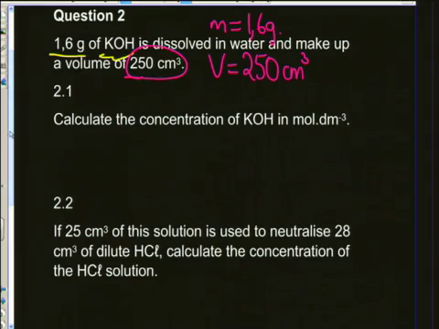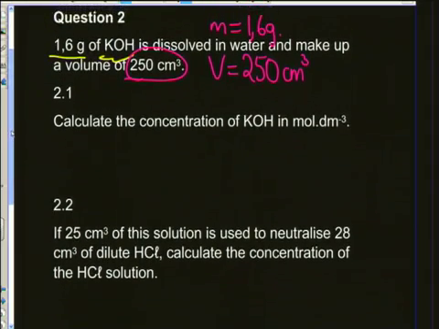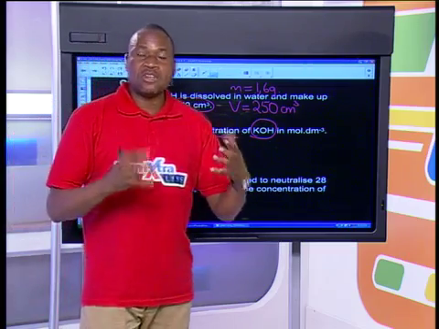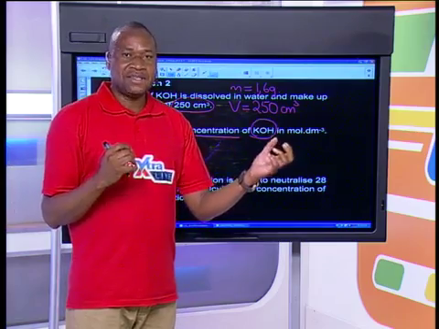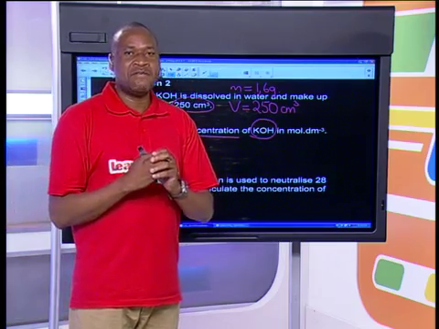Now let's come to 2.1 and try to find out what they want us to do here. Calculate the concentration of the potassium hydroxide in mole per cubic decimeters. For us to calculate the concentration there, we know that concentration is number of moles over volume. What we are given is mass, so we need to find out the number of moles of potassium hydroxide.